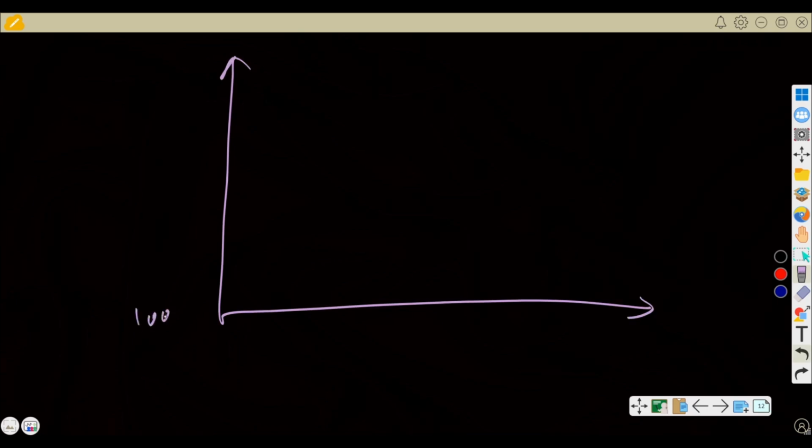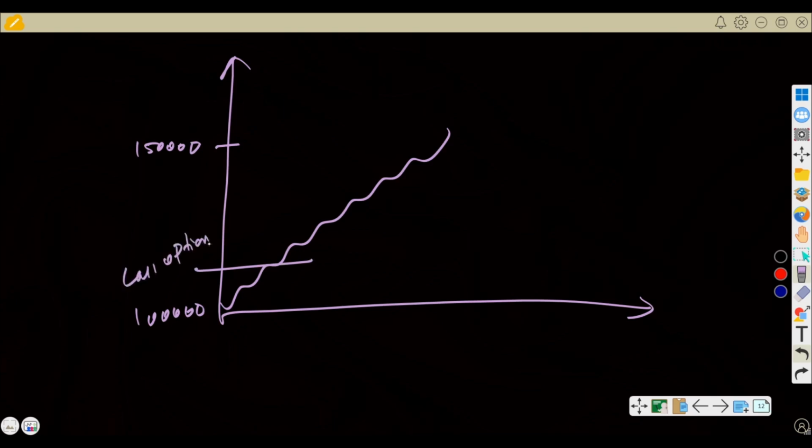Let's say the portfolio value was this, and now it reaches 150, right? So it means he will immediately enter into a call option to protect his portfolio.